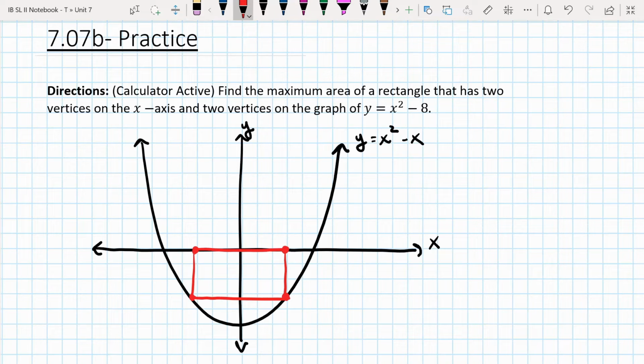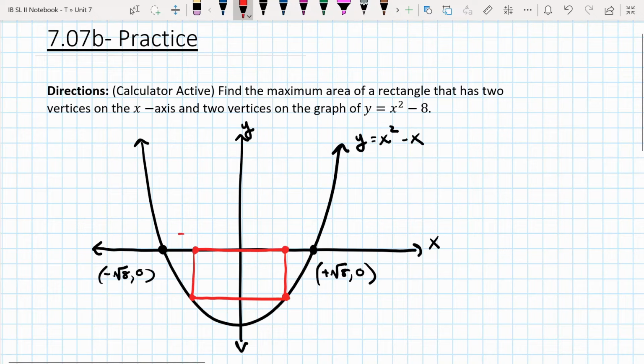So let's go through a couple of coordinate points before we do this. First of all, we are bounded by the following coordinate points. The x-intercepts here are going to be plus or minus root 8. And so the x values that we're going to be talking about are bounded below and above by negative and positive root 8.